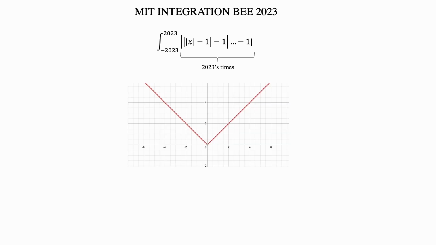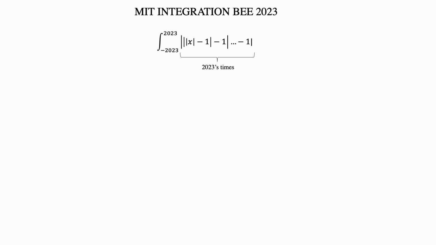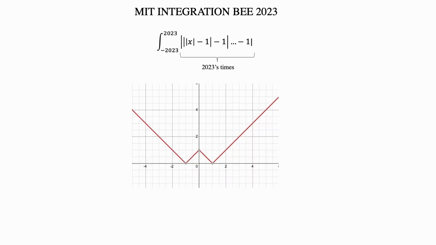So when I subtract 1, I need to shift the whole graph by -1. Now when I put the absolute function around all that, I'm going to take everything that is at the bottom and put it at the top like this, right?